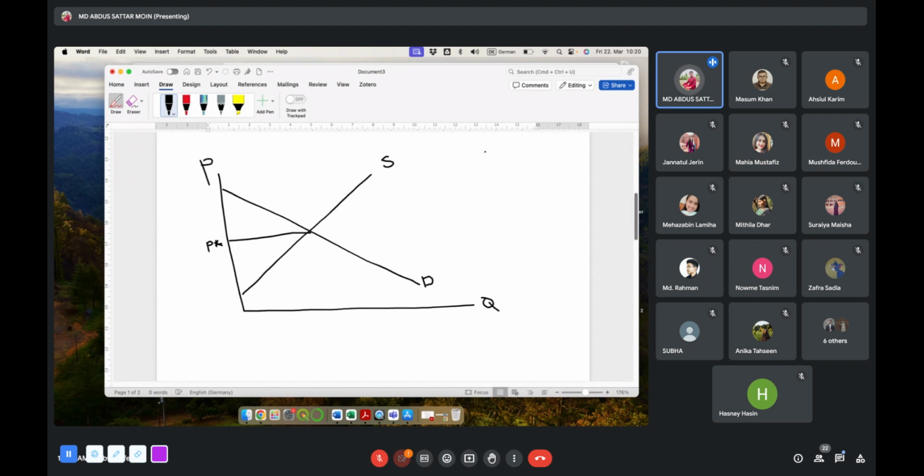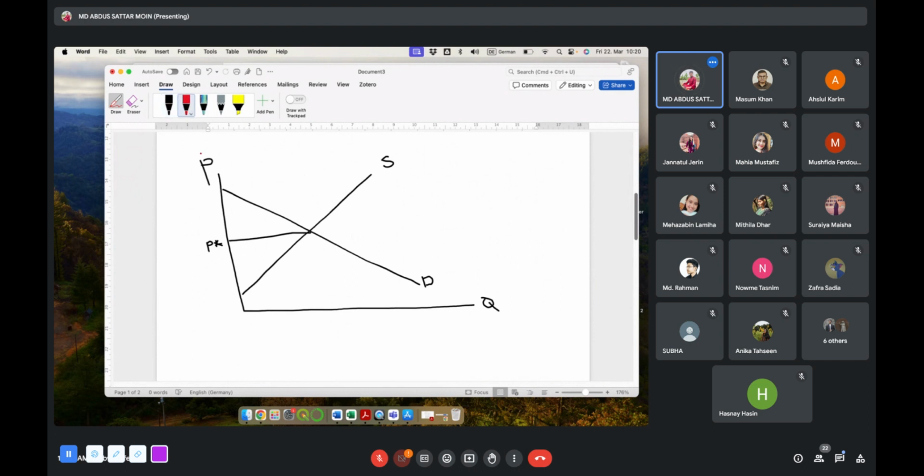Now, in terms of binding price ceiling, remember, price ceiling, I told you, is a legal maximum price. Legal maximum price means you cannot charge or buy a product at more than the price set by the government or some other legal entity.